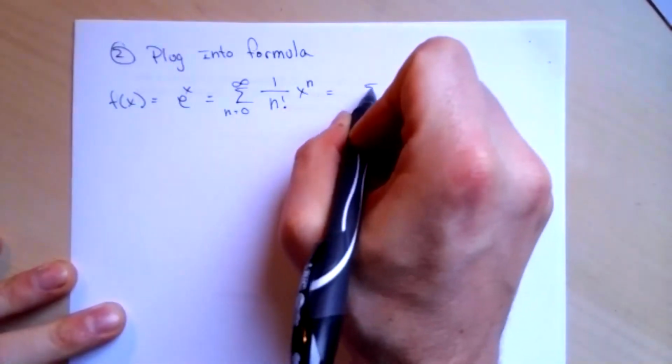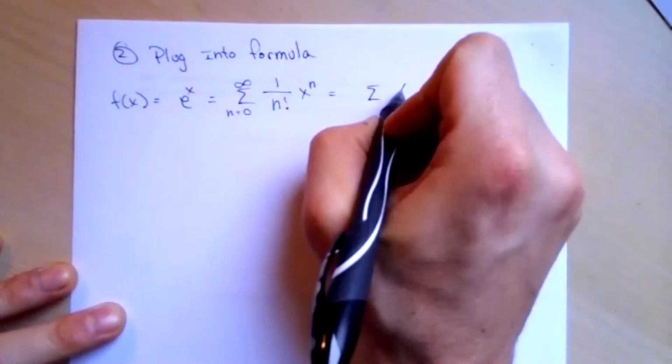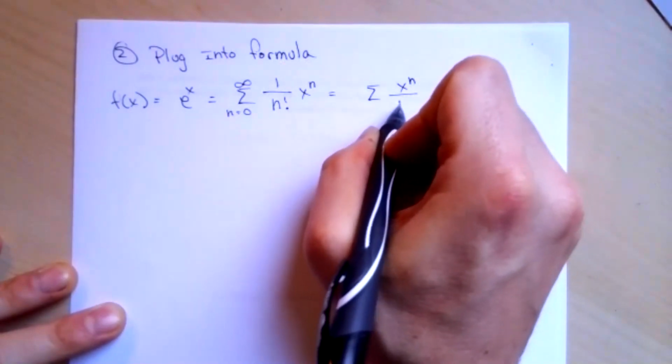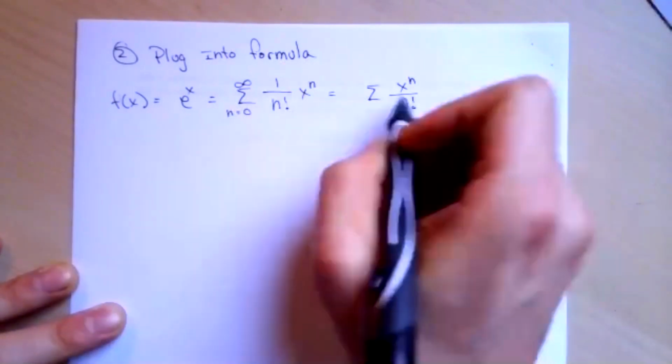Most common way to write that. We pulled out the coefficients there, but sometimes you just see it as x to the n over n factorial. Either way is fine.